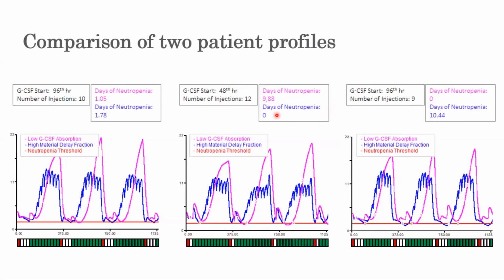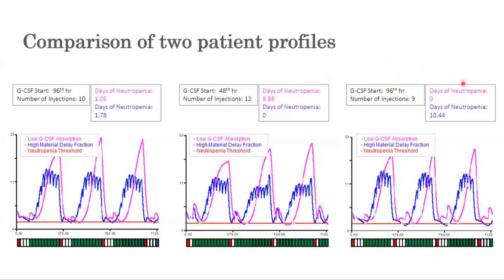However, it's not the case for the low G-CSF absorption profile. For this profile, G-CSF spends more time in the system, suggesting that the last injection is still effective when the next chemotherapy kicks in for the standard protocol. Therefore, skipping the last injection provides longer time for the bone marrow to recover and prevents neutropenia. It is important to notice that a protocol that works for one patient profile leads to heavy consequences for the other.